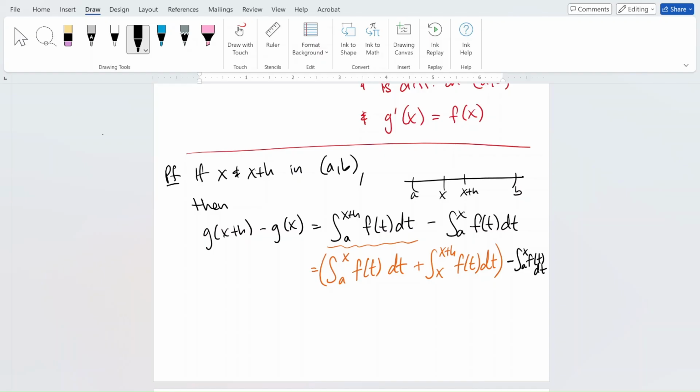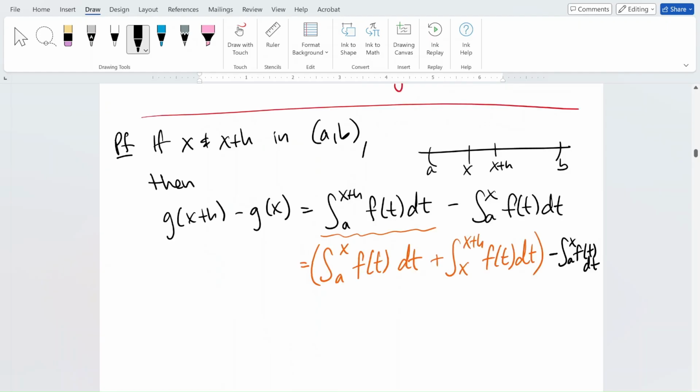Kind of ran out of space since I wrote so big. Notice that this part and this part are exactly identical, so I can subtract them, leaving me with the integral from x to x plus h of f of t dt. So g of x plus h minus g of x is just the integral from x to x plus h of f of t.